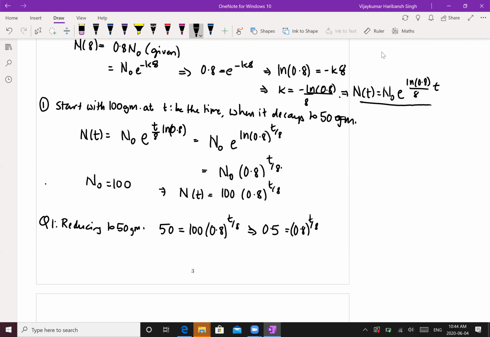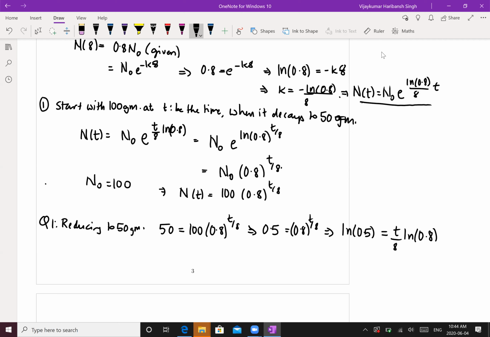Now we need a mechanism to bring the power down. So ln is the way. So take ln on both sides. So ln of 0.5 equals t by 8 times ln of 0.8.